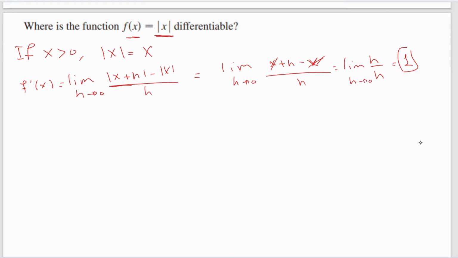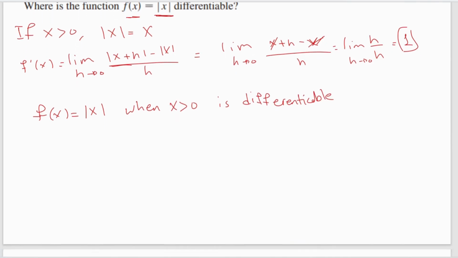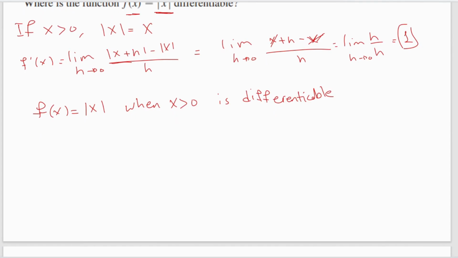And therefore f of x equal absolute value of x when x is positive is differentiable for any x, okay? For any x bigger than 0. Same thing when x is negative.